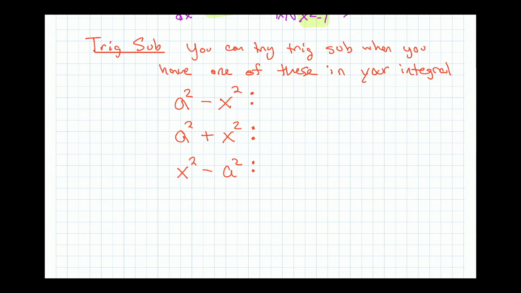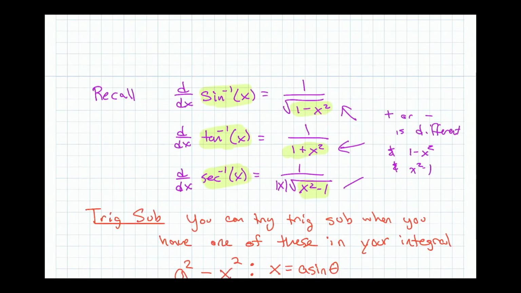what you want to do here is, in the first case, a squared minus x squared, the substitution you want is x equals a sine theta. And the reason you would know that that's a sine, well, one, I'm writing it right here, but the way you could have known is that when you see the a squared minus x squared, that looks like this right here, right?